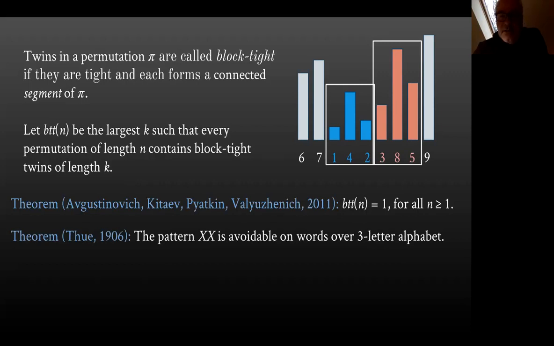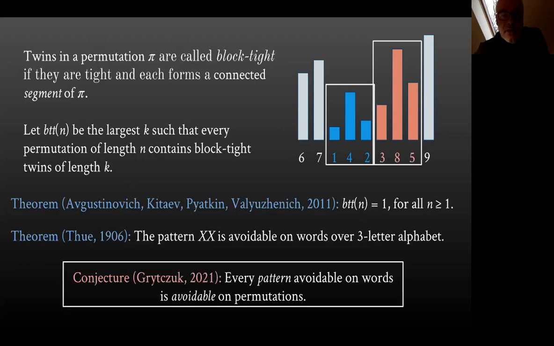And clearly this result resembles, and was probably inspired by, the famous result of Thue, and therefore we can think about generalizing these results in this direction, that we can take any pattern which is avoidable on words, and we try to find permutations avoiding such patterns in the sense that all occurrences of the pattern have blocks of bounded length.